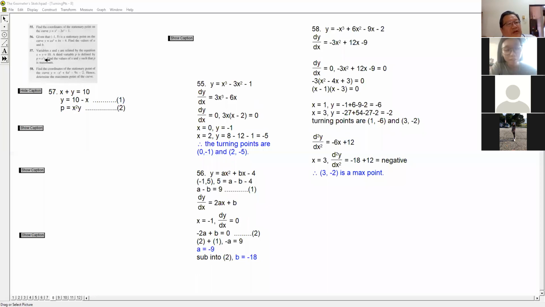You have two equations, but you have three variables there. So you try to replace either one of the variables, x or y, inside this equation P. So in this case, I make y the subject of the formula, and I try to substitute into equation 2 to eliminate one of the variables.